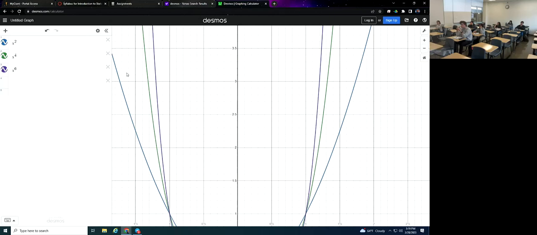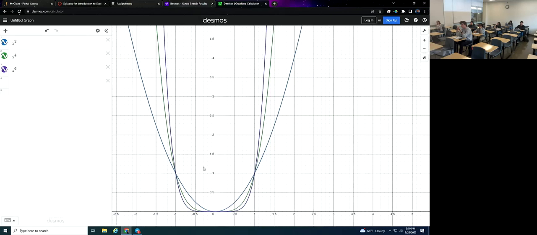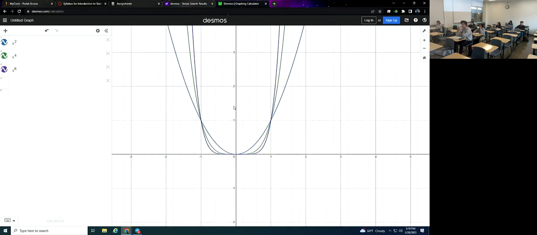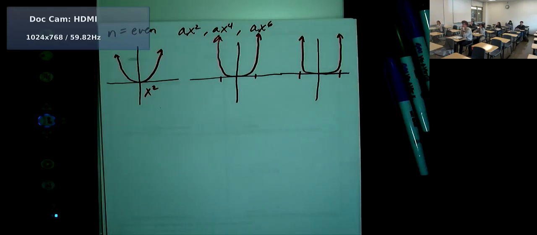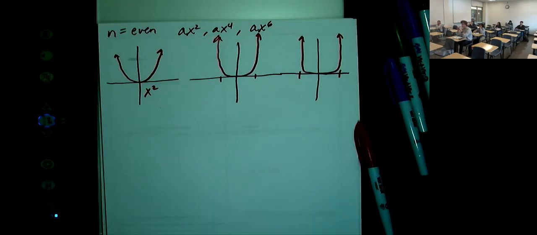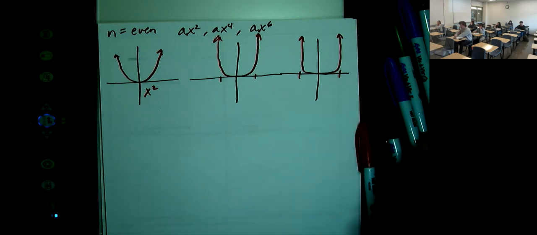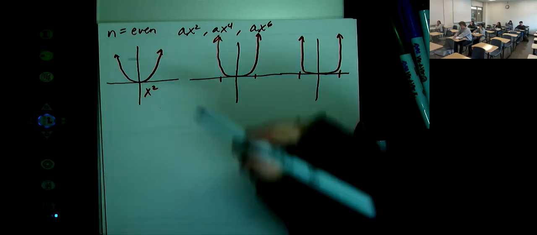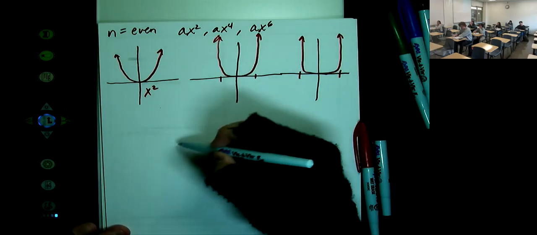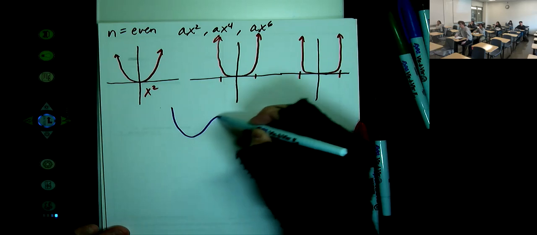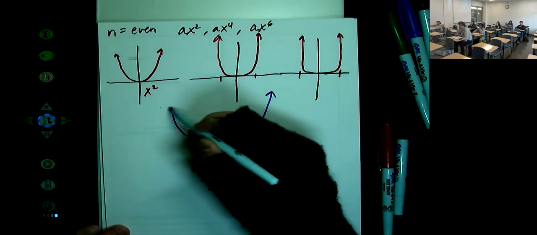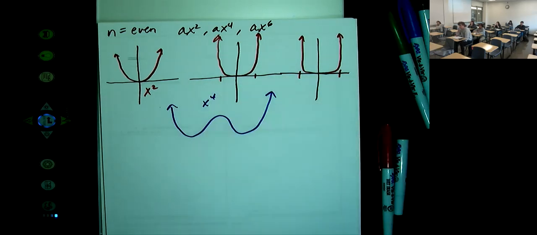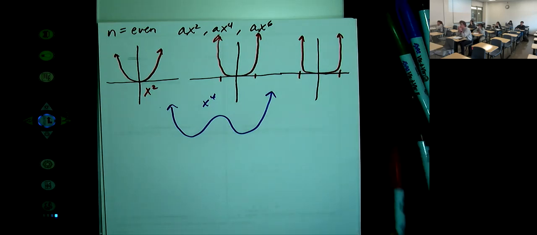But the base graphs look very similar. They're all U's. So that's handy. Of course, x to the 4th can have some wiggles or some changes. We could have several changes in there. I could have something that does that for x to the 4th. This has 3 changes.